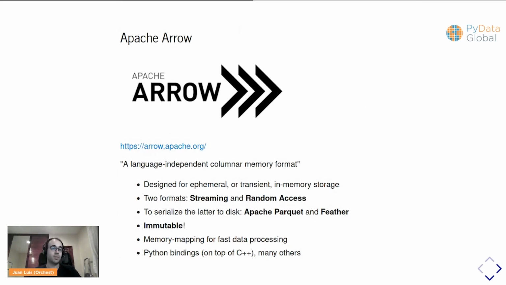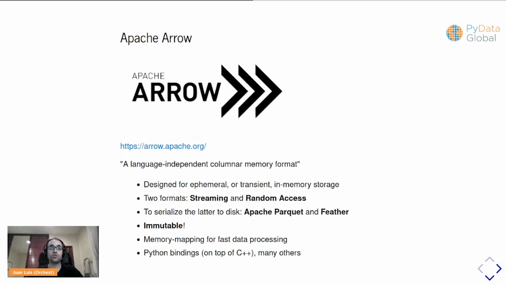Apache Arrow is not a data frame library per se, in the sense that it doesn't have a high-level API that you can use, but it's the foundation for many other libraries that have been created in recent years. Arrow defines itself as a language-independent columnar memory format that is designed for transient data, so not necessarily for storing data to disk. To store data to disk, we have Apache Parquet and similar formats.